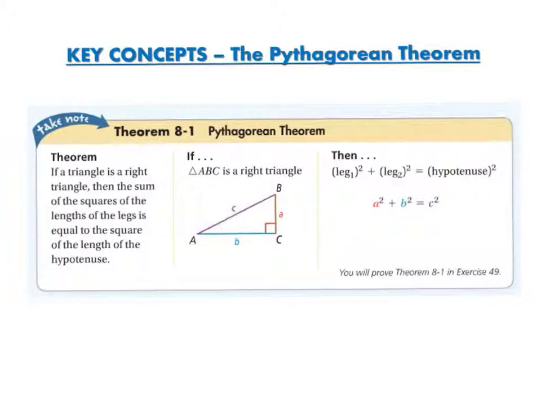So remember that the hypotenuse is never ever going to touch the right angle. It's always the line that does not touch the right angle. So the formula for the Pythagorean theorem is a squared plus b squared equals c squared.